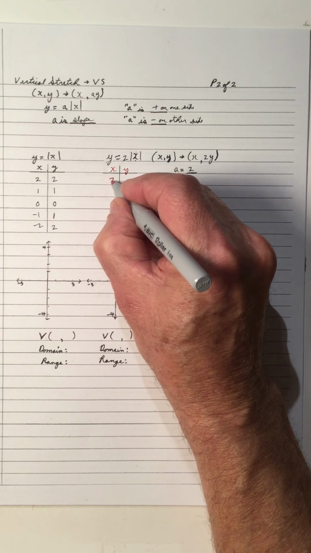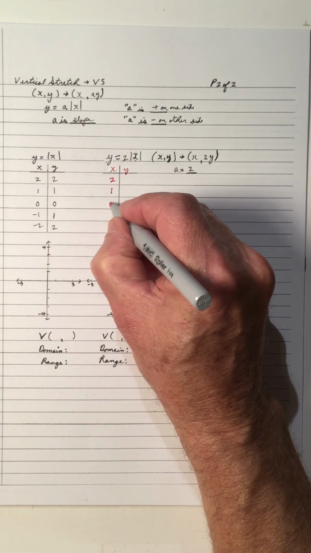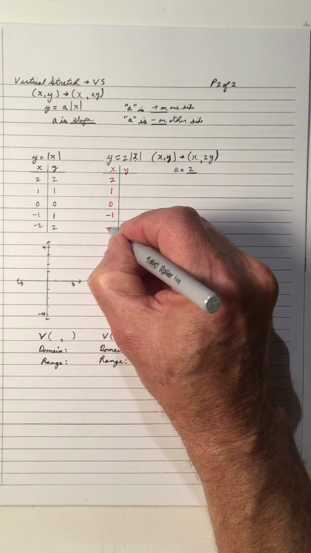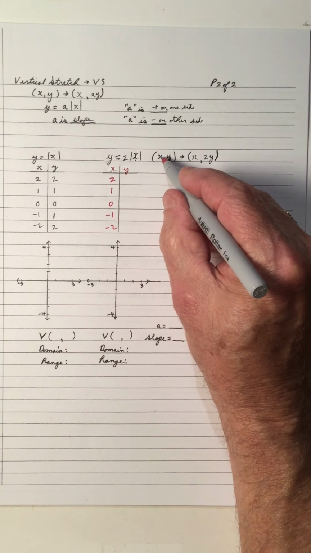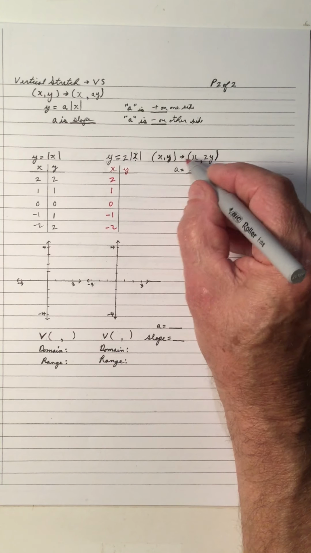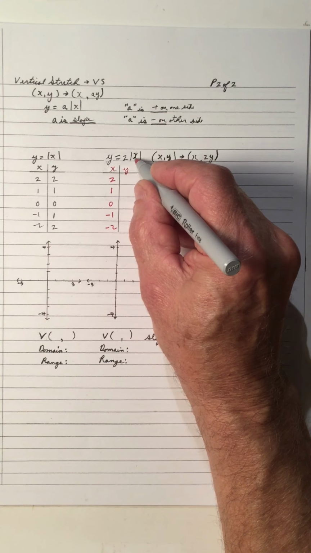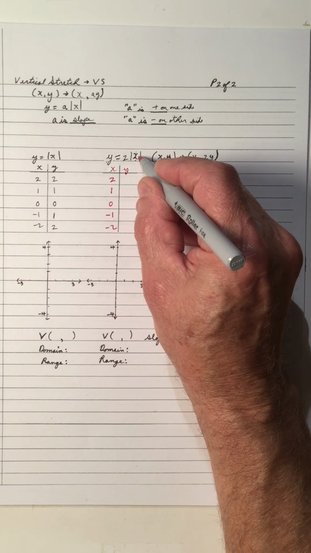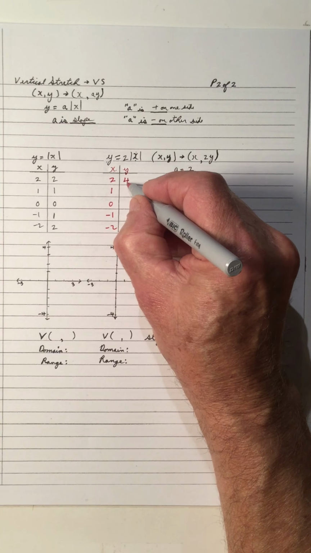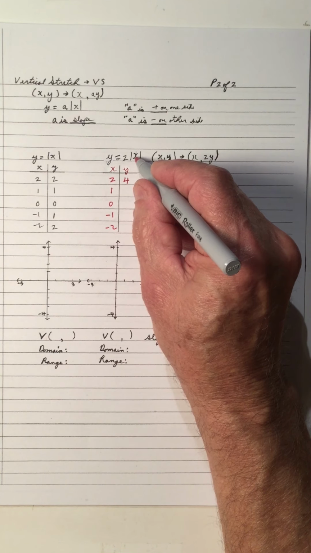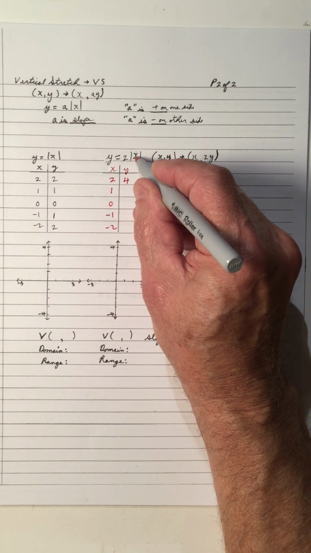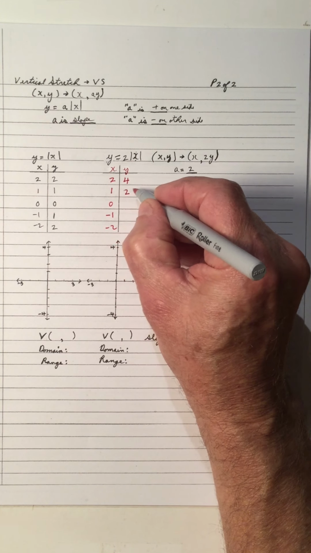If I use a 2, a 1, a 0, negative 1, negative 2, notice the x's are not changed. We put a 2 in here. The absolute value of 2 is 2, and 2 times 2 is 4. We take the 1 and sub it in: the absolute value of 1 is 1, 2 times 1 is 2.